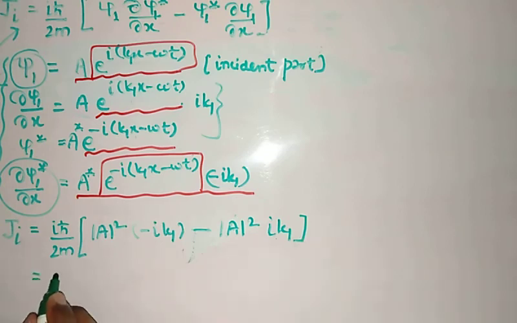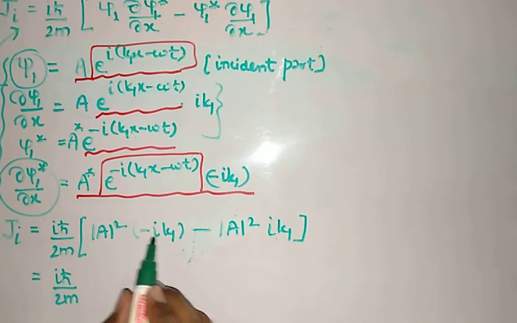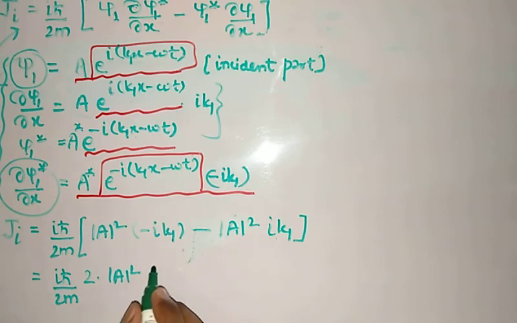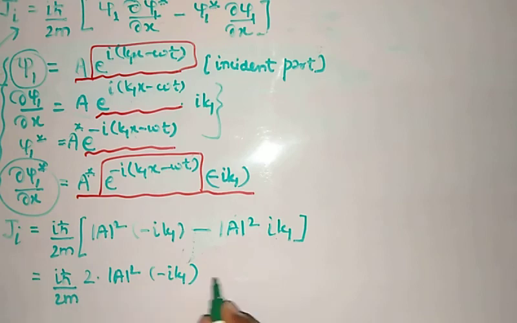Now evaluating this one: i h cut upon 2m, minus i, so 2 times mod A square, minus of i k1, i square is minus 1, so plus 1, to cancel out.